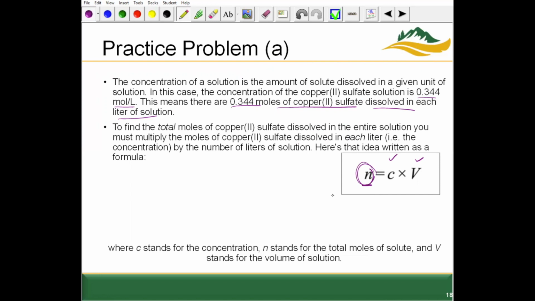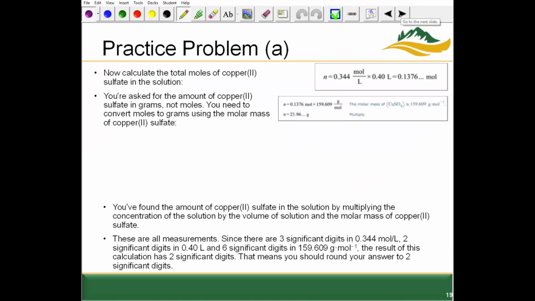So let's solve for n. To plug this in, we have n is equal to concentration times volume. Our concentration given in the problem is 0.344 moles of solute per 1 liter of solution. So here's our concentration. Then for our volume term, it was given as 0.40 liters.